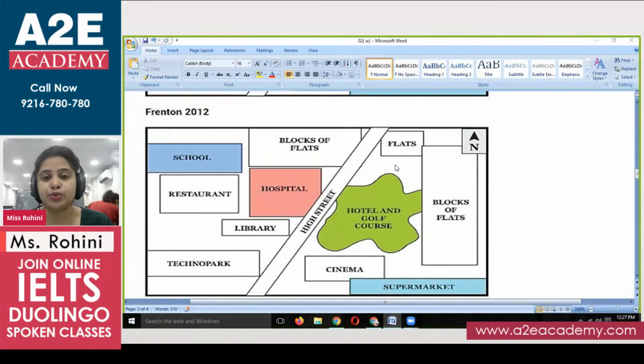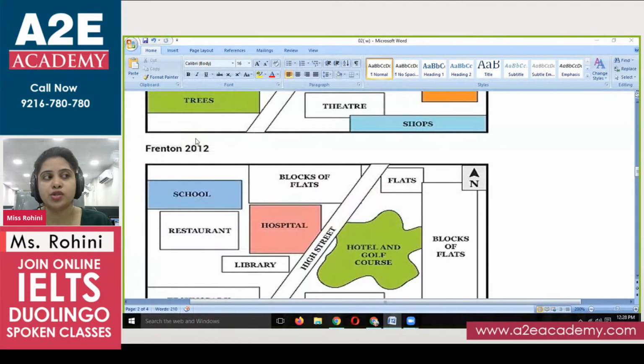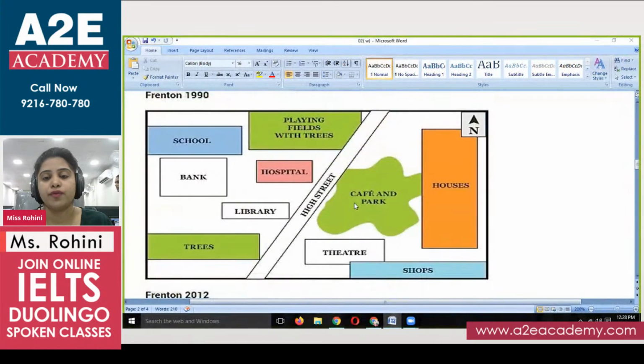Now in BP2, you can see we are left with the flats, blocks of flats, hotels and golf course, cinema, supermarket, and high street in 2012. However, in 1919, high street was at the same place.